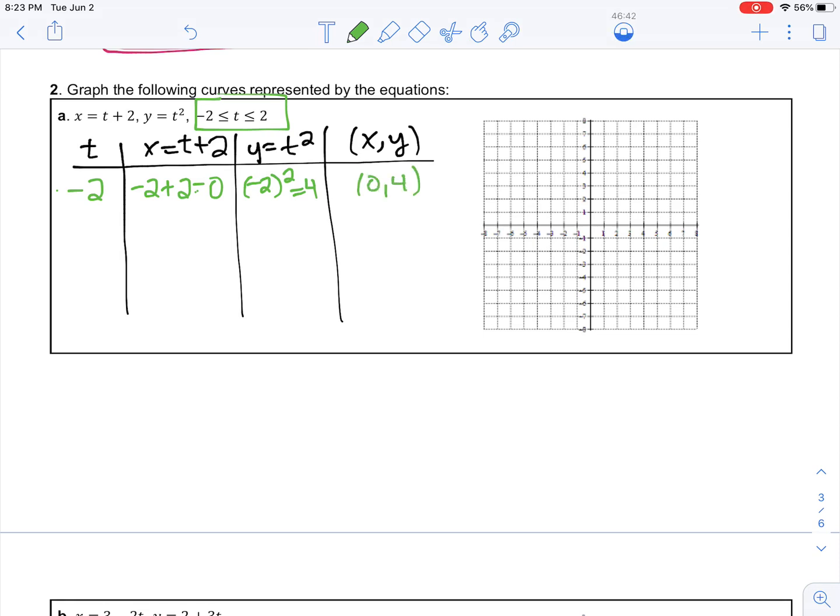We'll continue by plugging in our next value of t, which is -1. Plugging that into our function defining x in terms of t, we get an x value of 1, and plugging that into our y function, we get a y value of +1 as well. So when t is equal to -1, we get the coordinate point 1, 1.